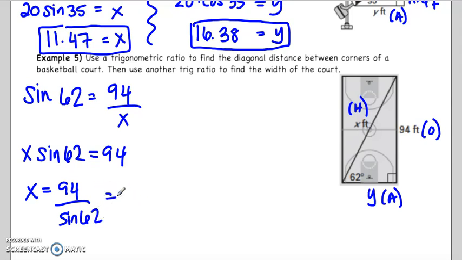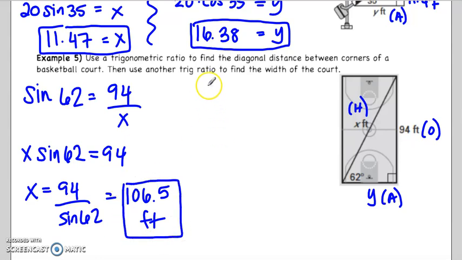Type that into the calculator: 94, hit divide, hit sine, hit 62, and hit equals, and that is about 106 feet. It says 106.6, so we're going to go 106.5 feet for the diagonal of the basketball court.